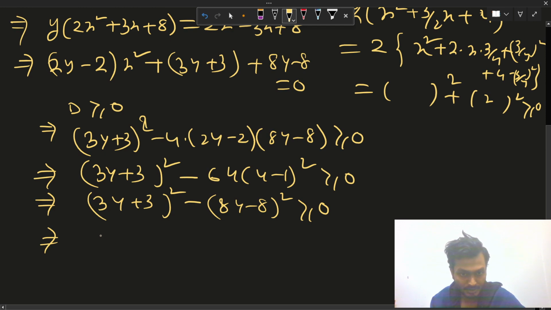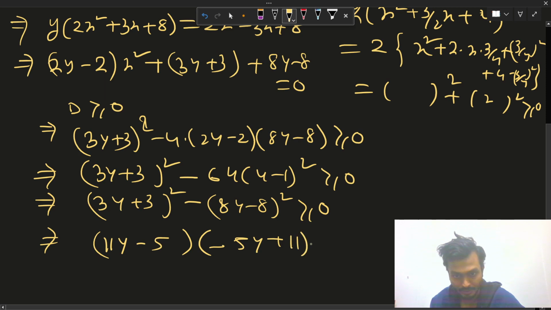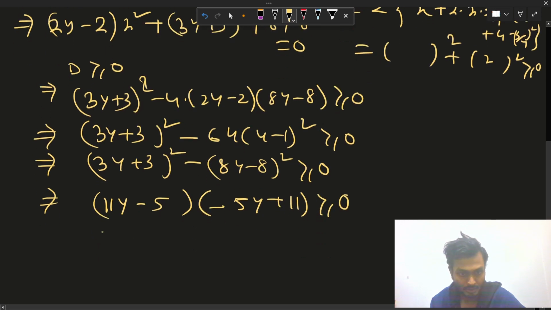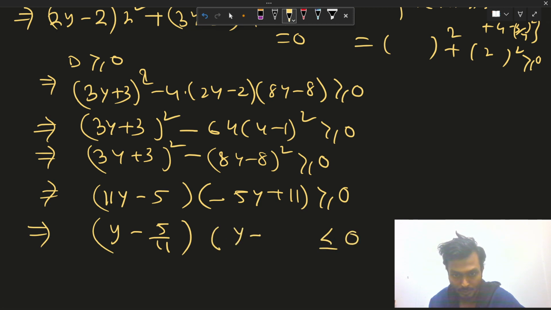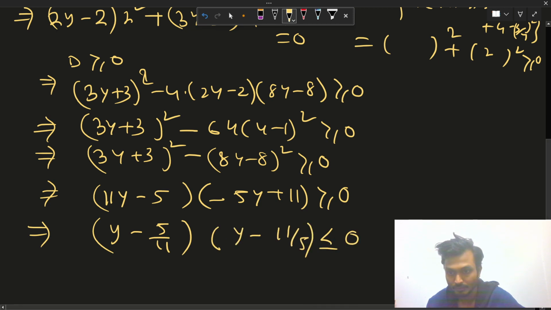So a plus b means 11y minus 5, into a minus b means minus 5y plus 11, greater than or equal to 0. Now this implies that y in (y minus 5 by 11), and if we take common minus and multiply this, this will be less than 0, and we get y minus 11 by 5.